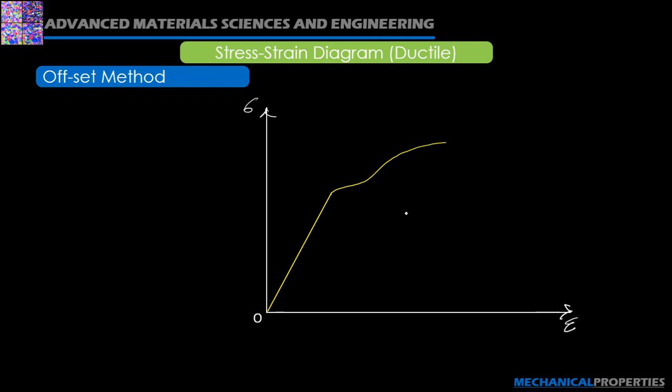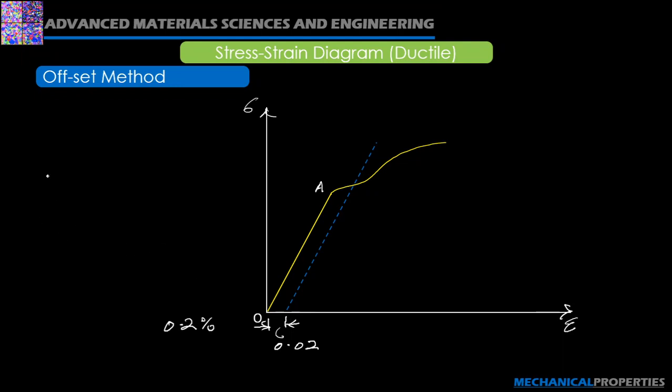where in this offset method we use a line parallel with OA. Let's say this is A, the limit of proportionality, we draw a parallel line, and this is at a distance of 0.2% from the origin.